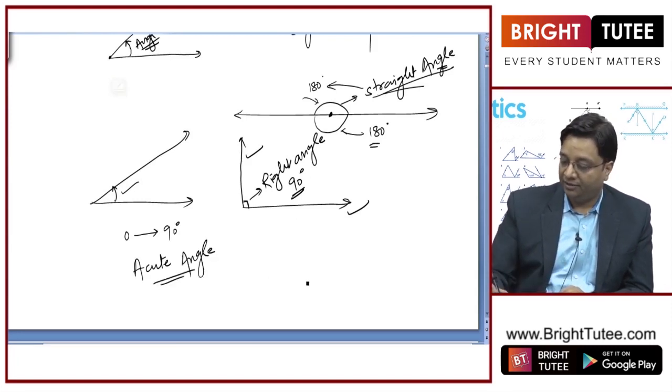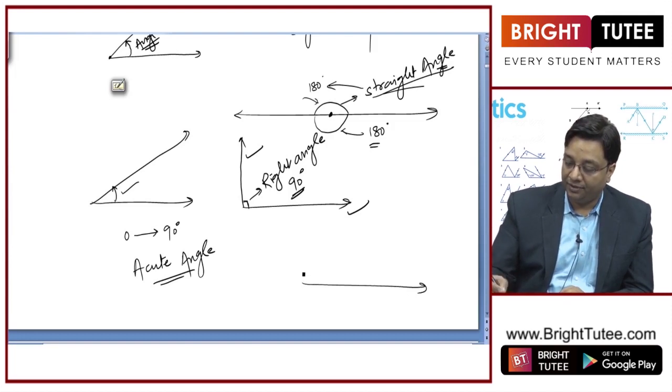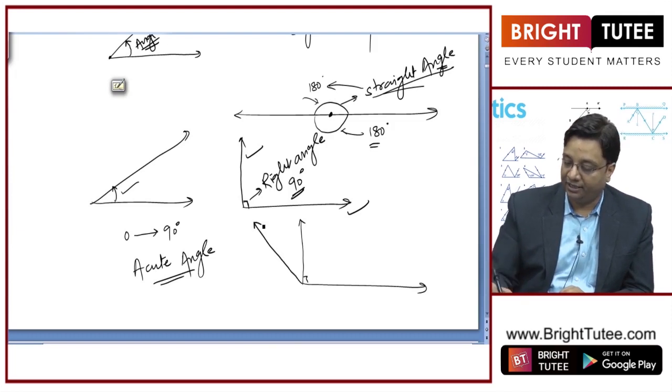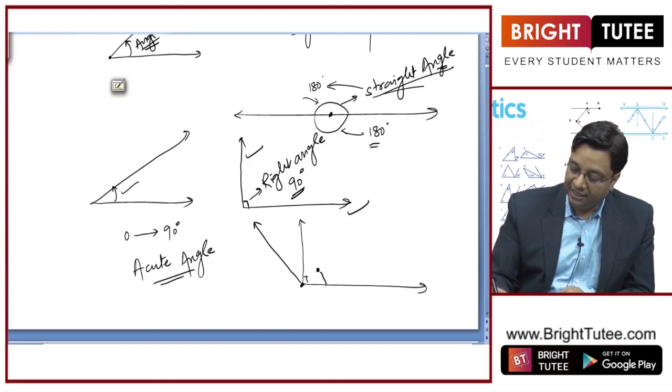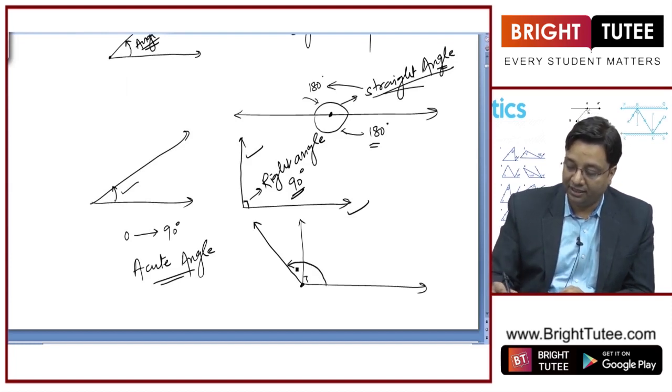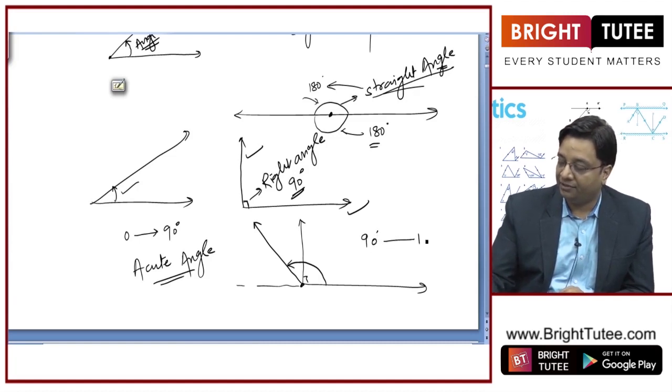All right. Let us say this is the right angle. If you draw this ray here starting from the same initial point, then this angle is more than 90 degrees but less than 180 degrees. So angles more than 90 degrees and less than 180 degrees are known as obtuse angles.